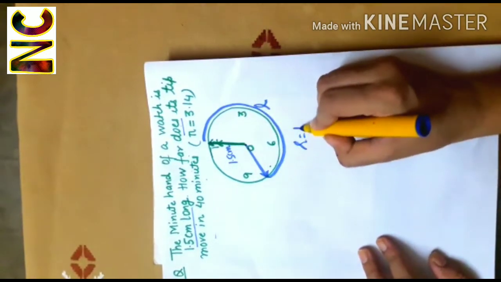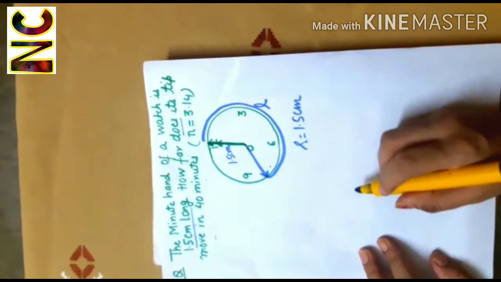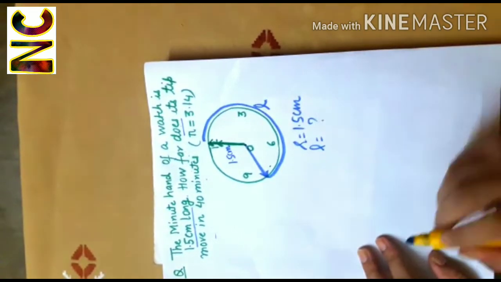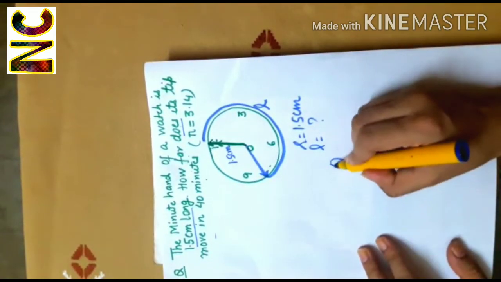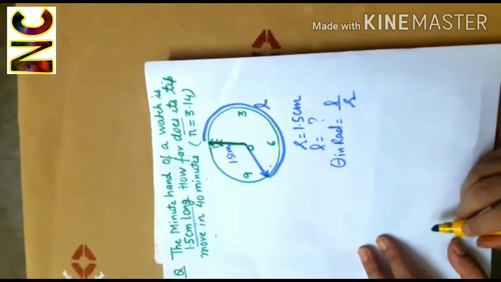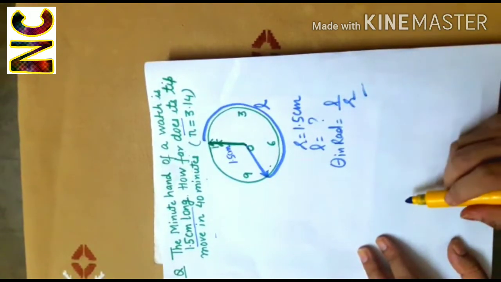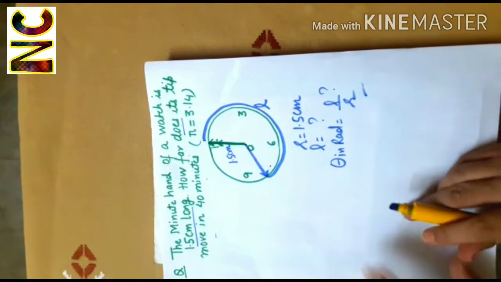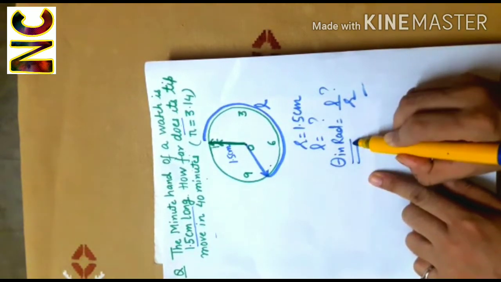R is given to us, which is 1.5 centimeter. L we need to determine. We know that theta in radian is equal to L by R. This is given to us and this we need to determine. So for that, theta should be known to us.